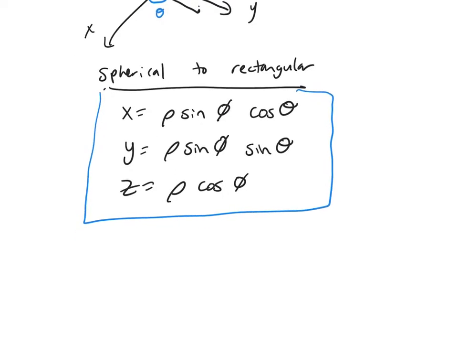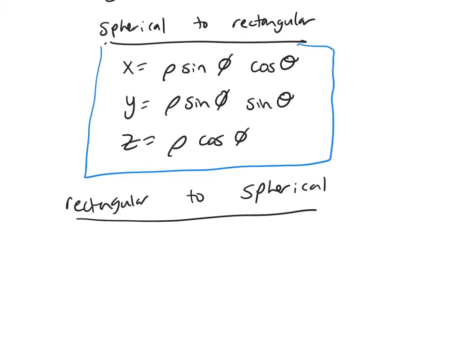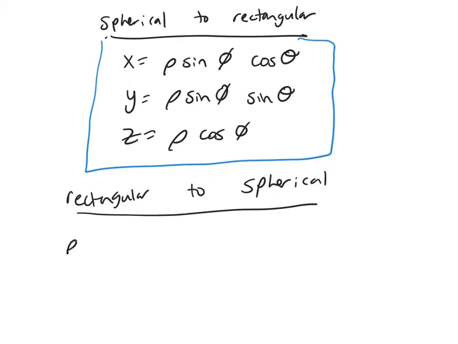How do I convert the other way, from rectangular to spherical? Well, I'm going to find rho. Rho squared is x squared plus y squared plus z squared. Theta, you find the same way as you did before, y over x.